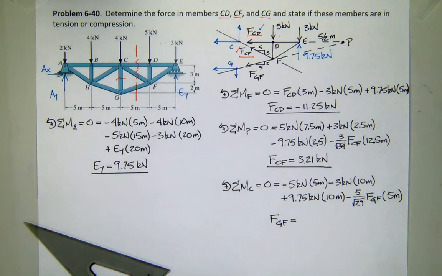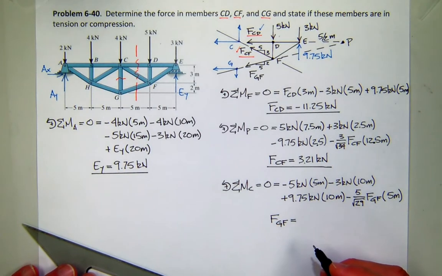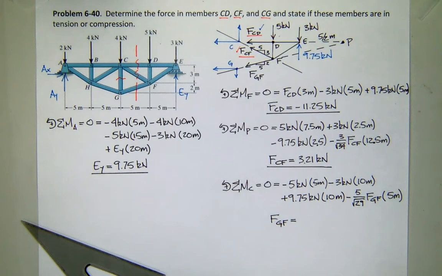No, I must be wrong. I got negative 32.85. I think that's right. 25 plus 30. Nobody's got it yet? I brought my calculator. Maybe I should do it.